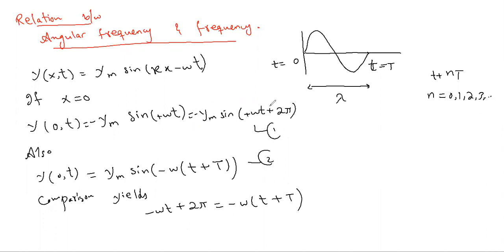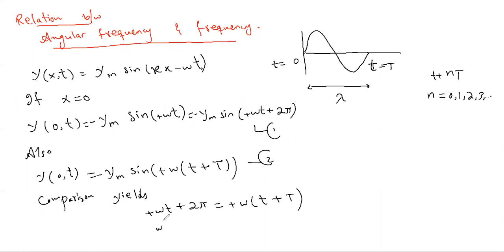So in that case, the phase would be minus 2 pi because our initial argument is minus omega t. So to get rid of that extra negative sign, I brought the negative sign out of the argument. So now the equation will become linear with a positive sign.